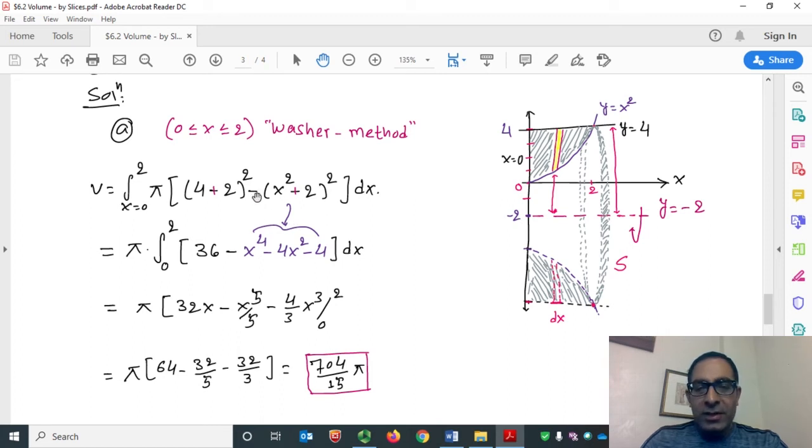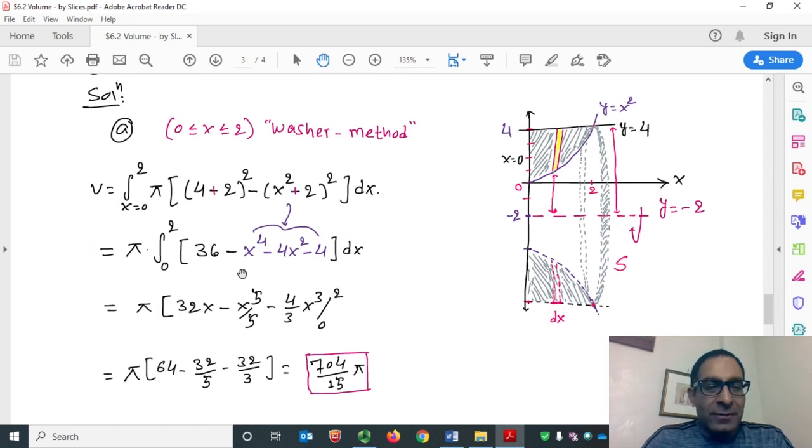Then minus, from the formula, the inner radius, which is the distance from the axis of rotation to the inner curve: from y equals -2 to the x-axis is 2, and from the x-axis to the inner curve is y, that is x squared. So x squared plus 2, squared. I hope this setup makes sense to you all.